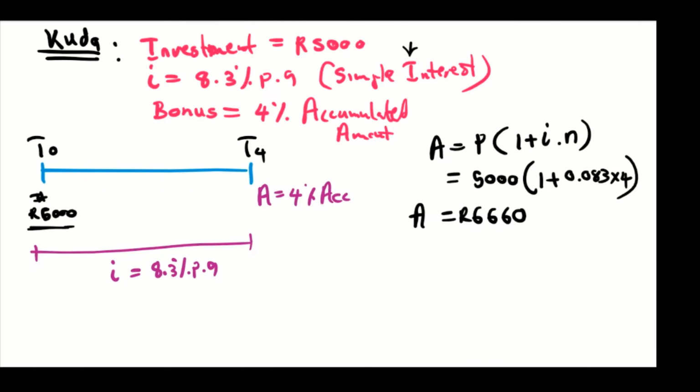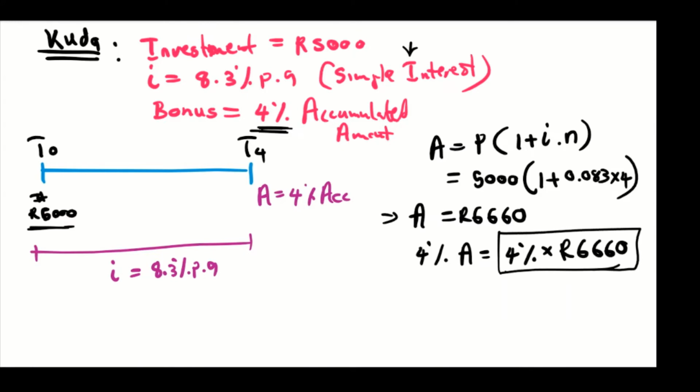But remember that there's a bonus of 4%. So what is 4% of this amount here? You can say 4% of the amount is equal to 4% multiplied by the amount of 6,660. This amount here you will add to the original amount that you got to get the actual amount, because this is just the bonus.